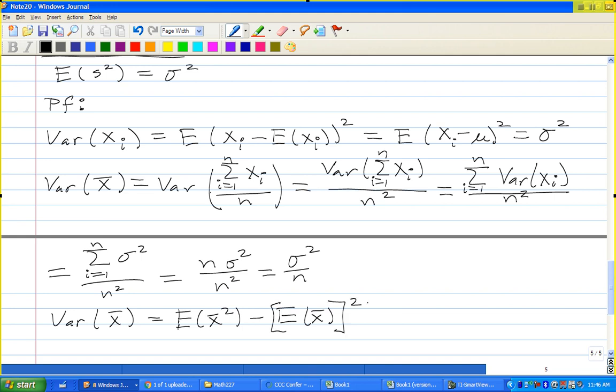Okay. And so this is equal to the expected value of x squared minus, well, the expected value of the mean is just mu.